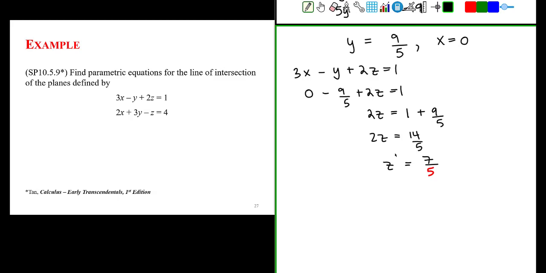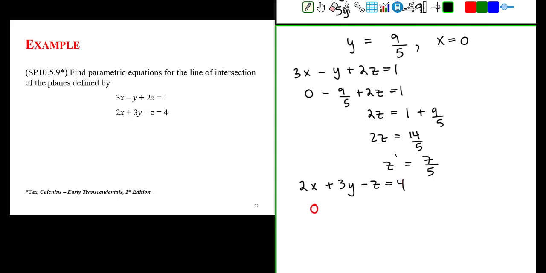Let's plug these points into our second plane's equation to see if we get an identity. The left side should be equal to 4. And if it is, then we've correctly done our work. We've checked ourselves. That equation again is 2x plus 3y minus z is equal to 4.